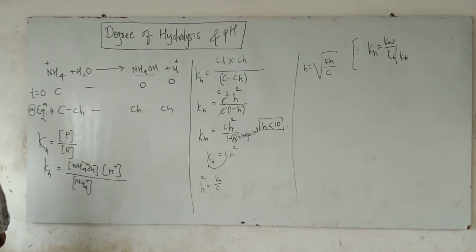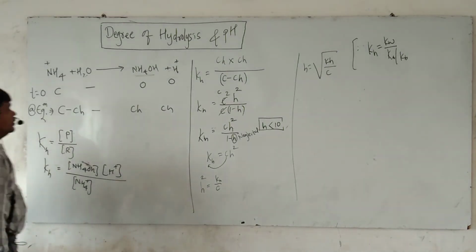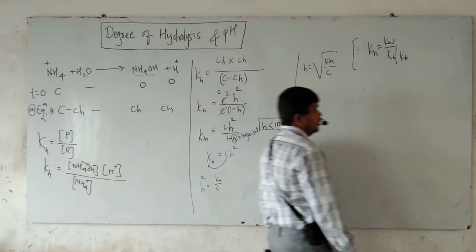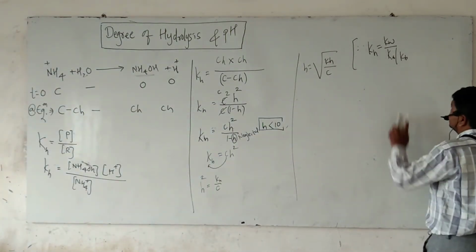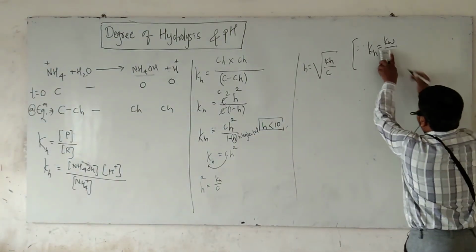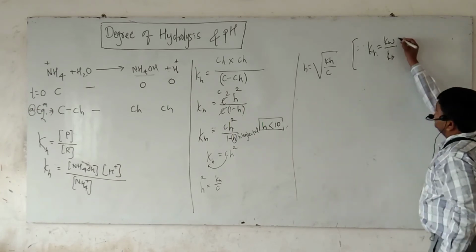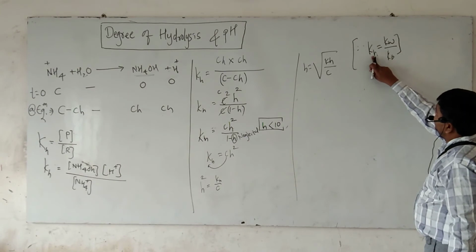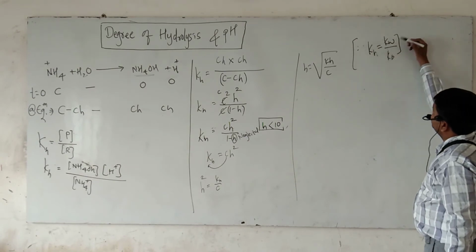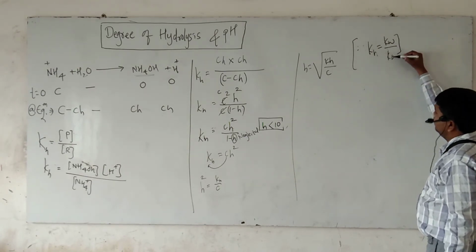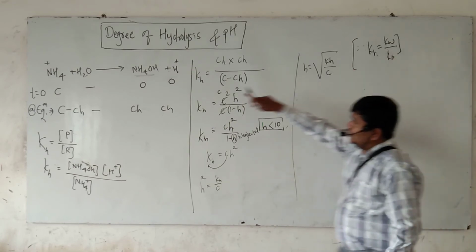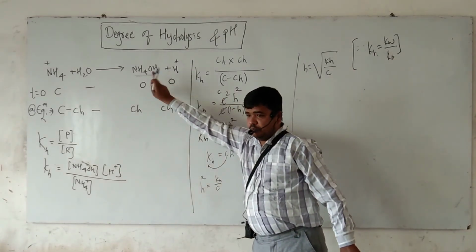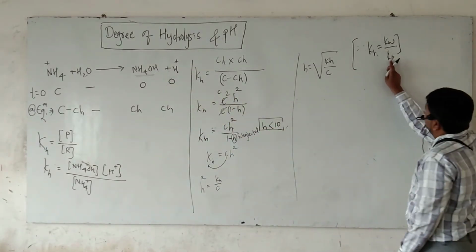If it is NH4OH, is it an acid or base? Base. So you can take Ka or Kb? Kb. NH4OH is a base, so we will take Kb.